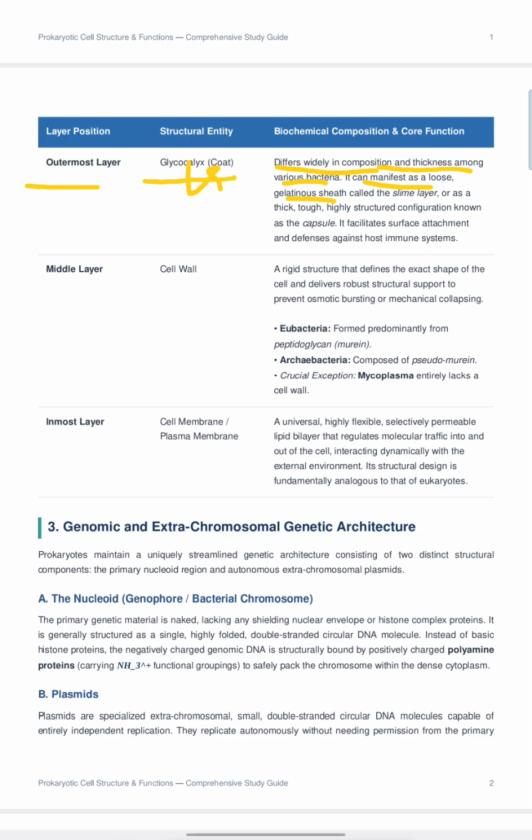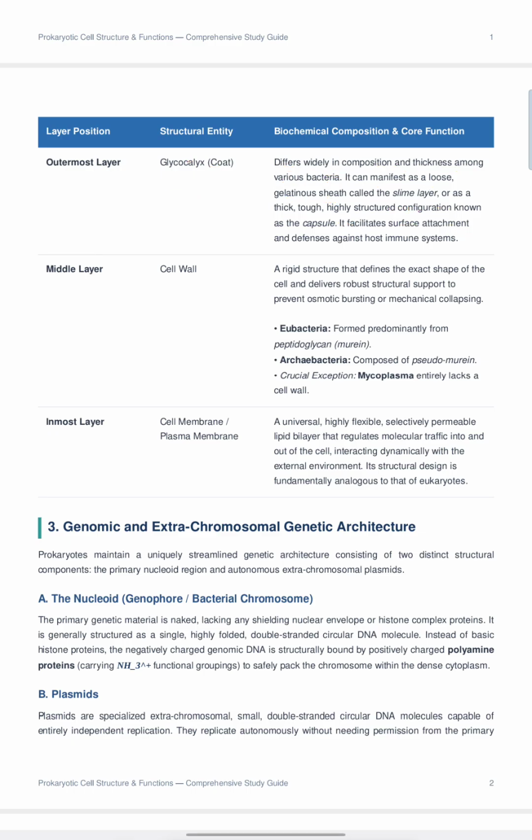If it is thin and loose, it is called a slime layer. If it is thick, tough, and highly structured, it is known as the capsule, which facilitates surface attachment and defense against the host immune system. I think this language is easy, so you can understand this.